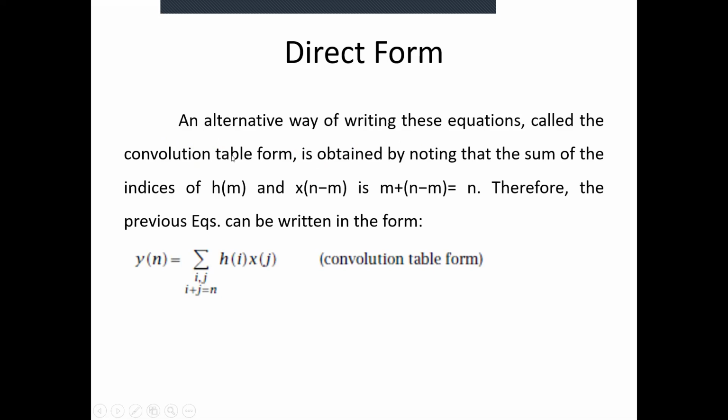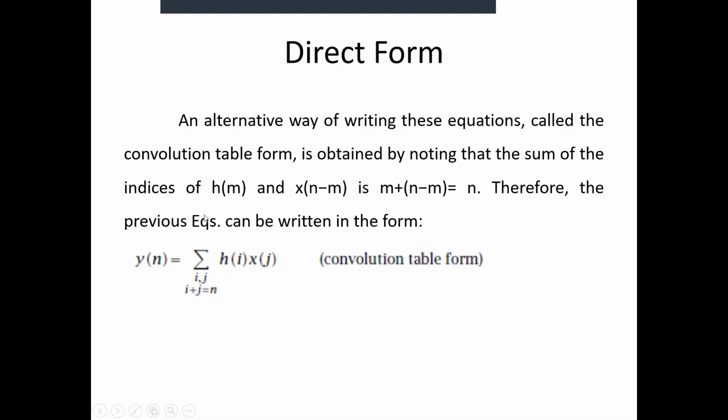Look, an alternative way of writing these equations, called the convolution table form, is obtained by noting that the sum of the indices of h of m and x of n minus m is, if you add these two indices together, the final result will be n in the convolution sum.